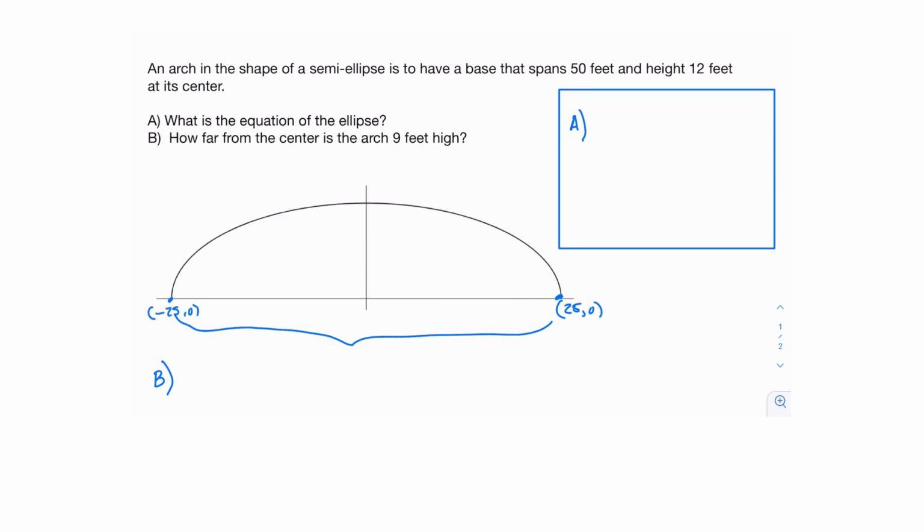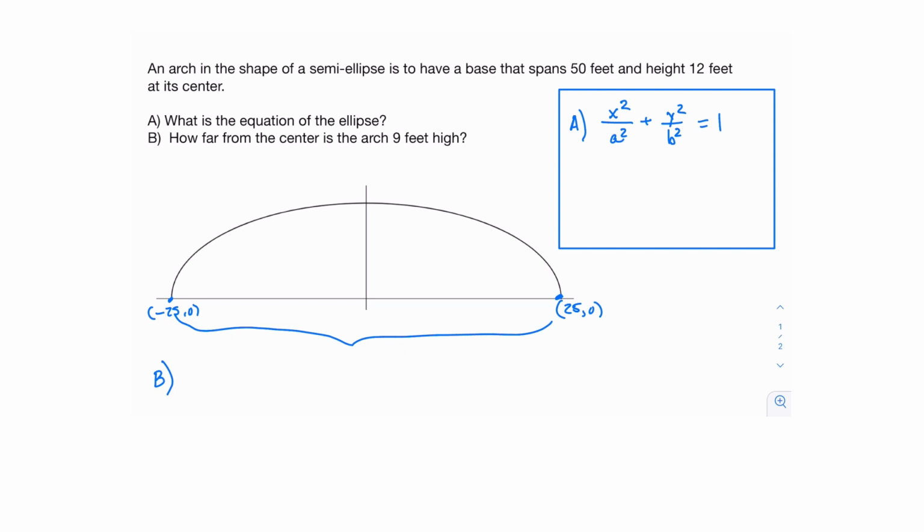The equation is going to have the form x squared over a squared plus y squared over b squared equals 1. So our goal right now is to find the values of a squared and b squared.